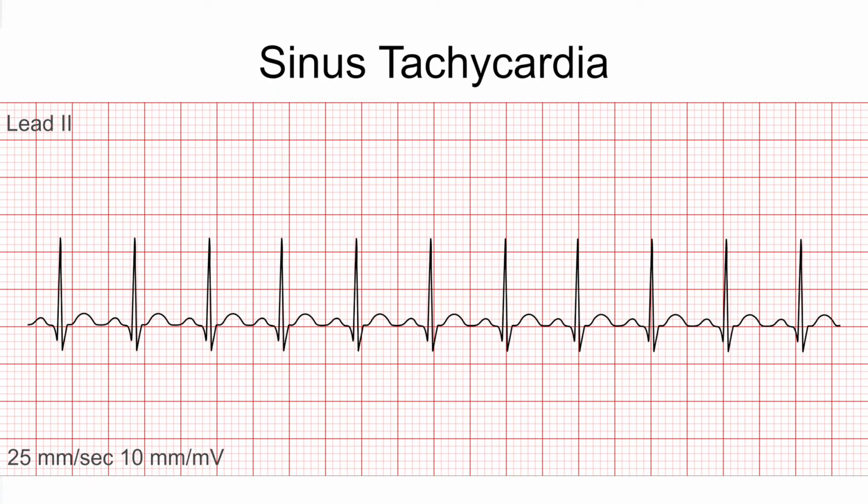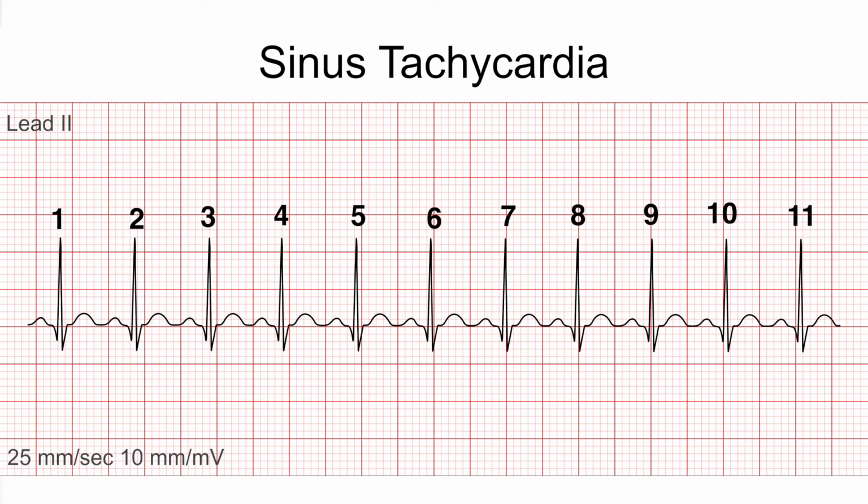Sinus tachycardia. Just by looking at this rhythm and comparing it to the other two, we can see that the difference here is that it's beating faster. We see more QRSs in this strip, so we want to start off by looking at that rate. If we look at the QRSs, we want to count, right? So we have 1, 2, 3, 4, 5, 6, 7, 8, 9, 10, 11 QRSs.